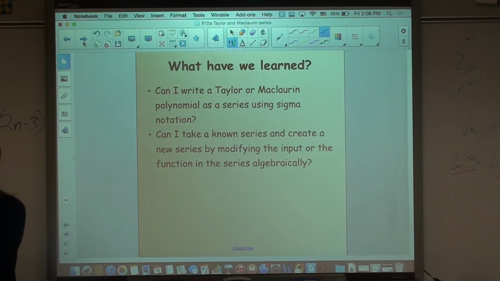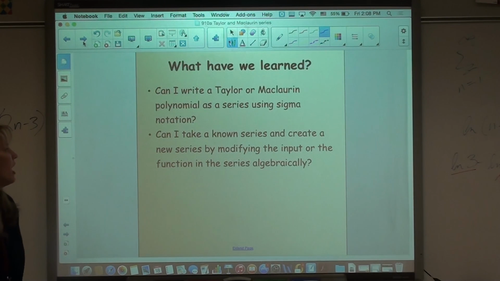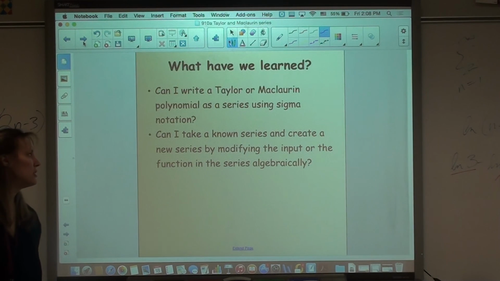So please know that in order to write a Taylor series tonight, when it says write the series, always start by writing the polynomial first, then create the series, okay? Polynomial first, then create the series. And can you take a known series and create a new series by modifying the input or the function in the series algebraically? Yes, you can. Good.